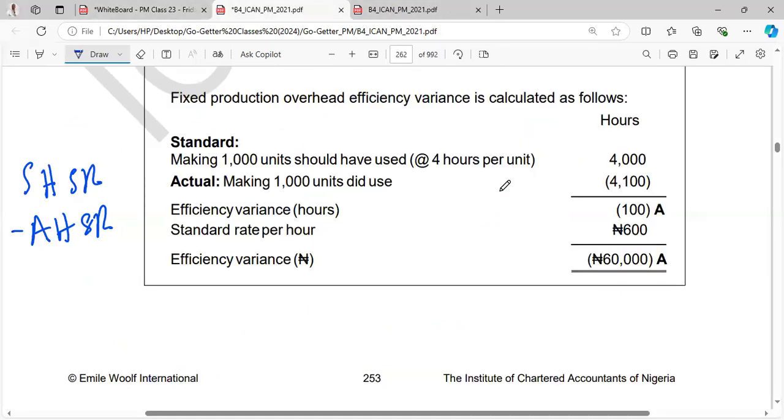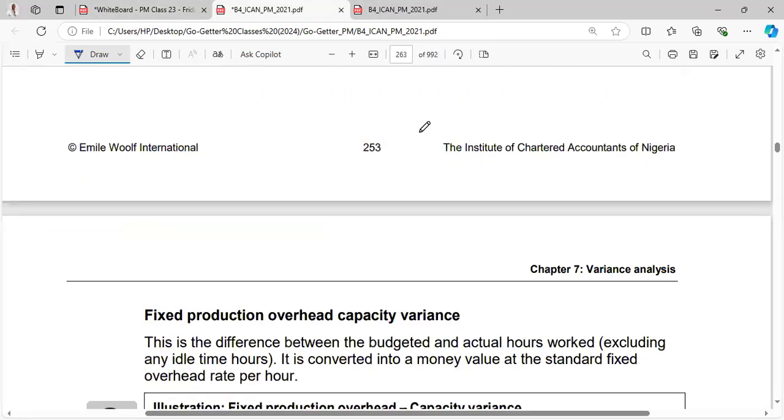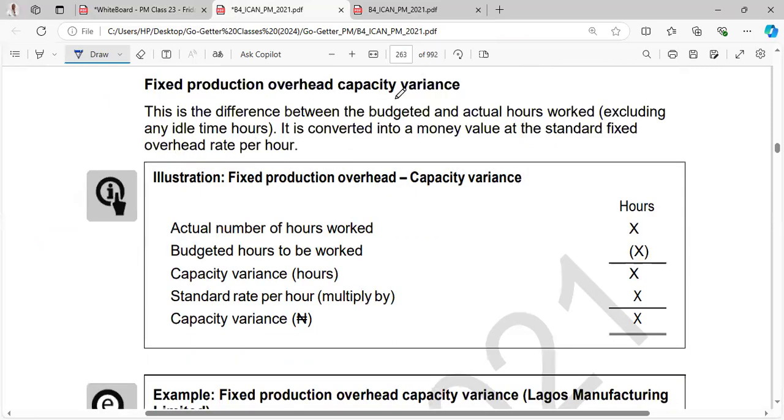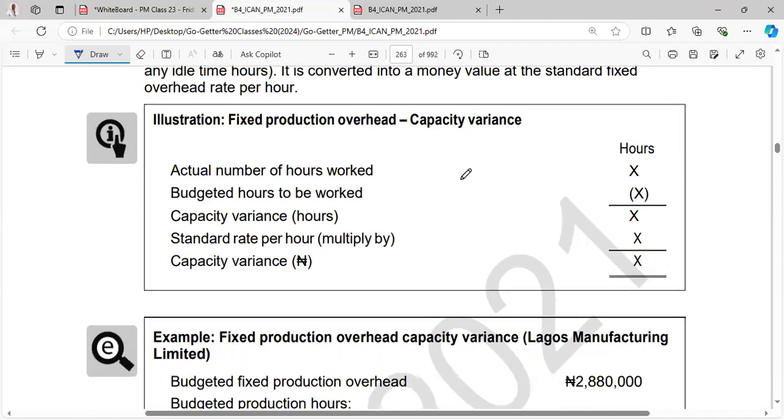Okay. Then fixed overhead capacity variance. This is the difference between the budgeted and actual hours worked, excluding idle time. It is converted into money value at the fixed standard overhead rate. So it means here this is the number of hours worked, budgeted hours to be worked, capacity variance in hours, multiplied by the overhead absorption rate.